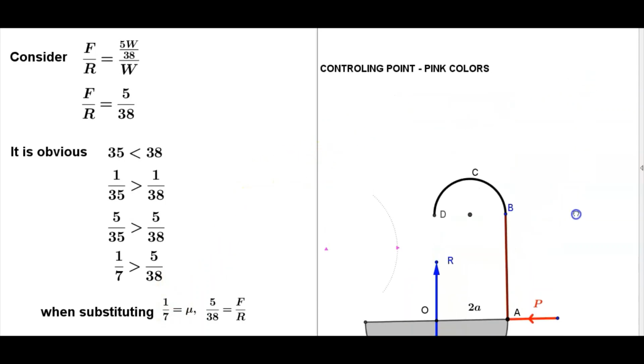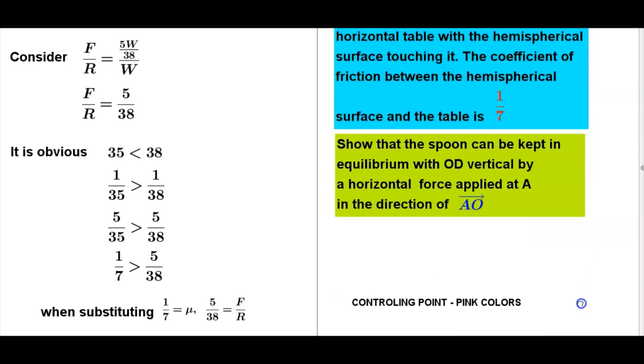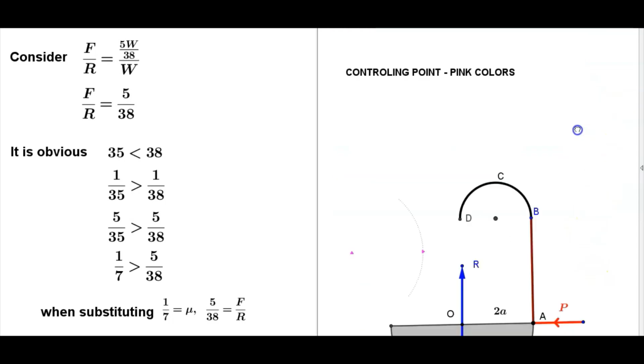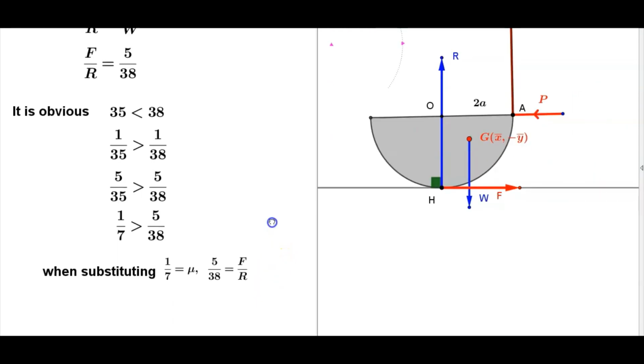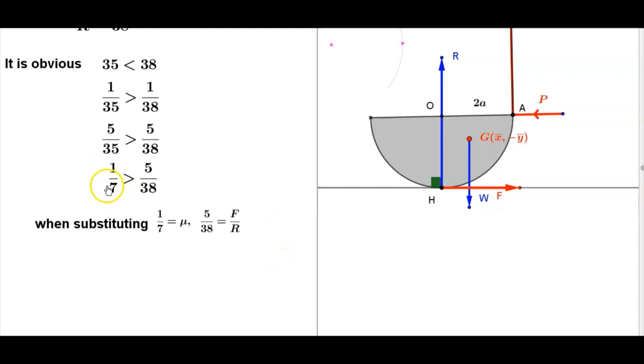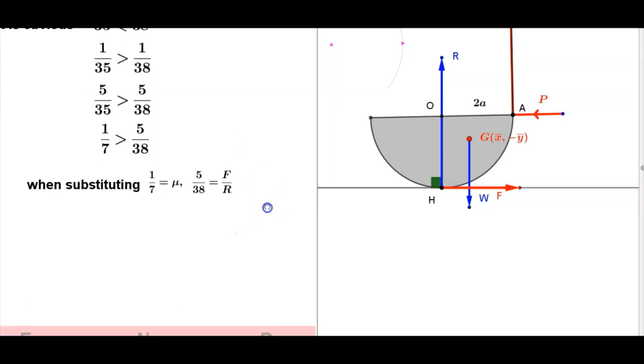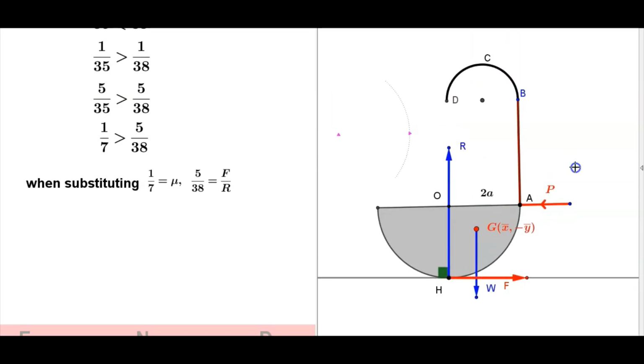Because we are given the coefficient of friction between the hemispherical surface and the table is 1 over 7, that means mu is equal to 1 over 7. For this 1 over 7, I can put mu. And for this 5 over 38, I can put F over R.